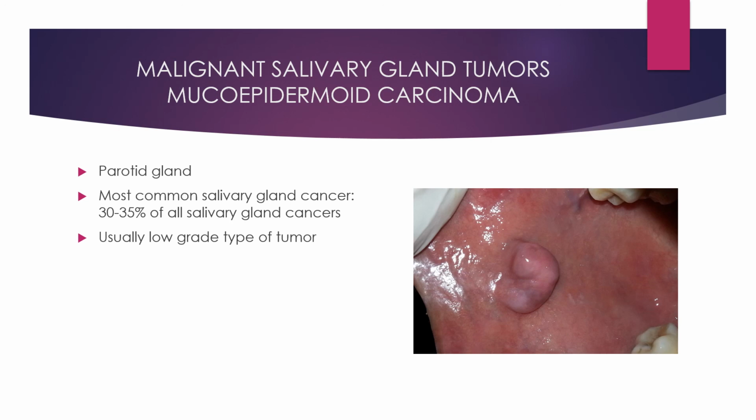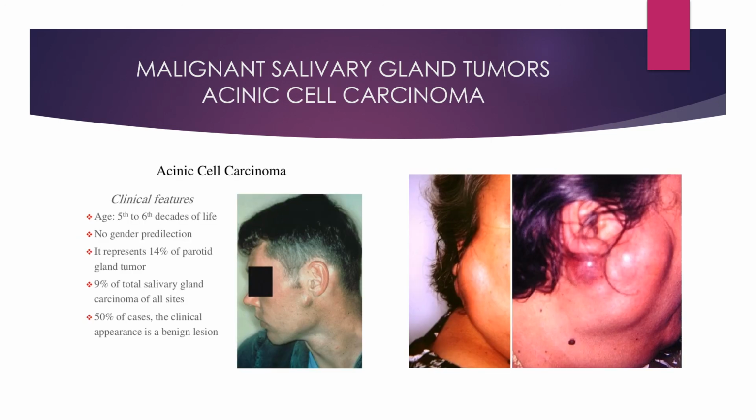It's usually a low-grade type of tumor. Acinic cell carcinoma, usually in older individuals, no gender predilection, represents only about 14% of the parotid gland tumors and about 9% of the total salivary gland carcinomas in all sites.